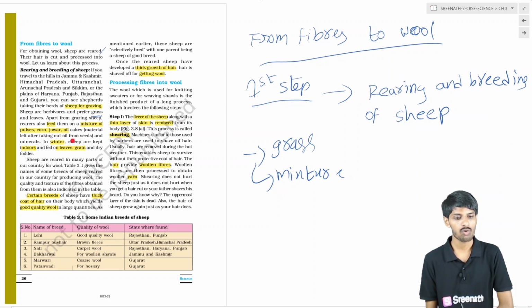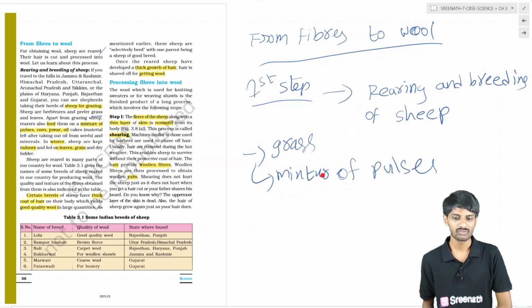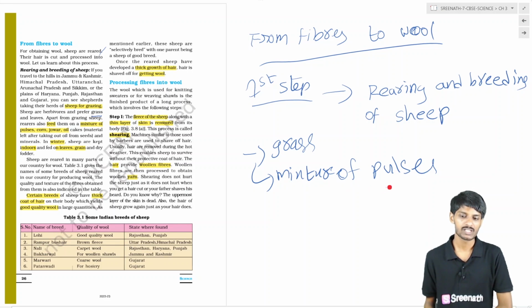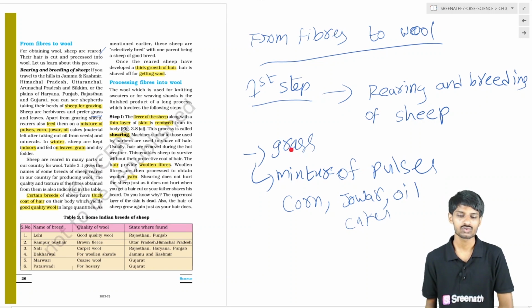In addition to grass, they are fed a mixture of pulses, corn, jowar, and oil cakes. So in addition to grass, they are feeding the sheep with these types of food materials.